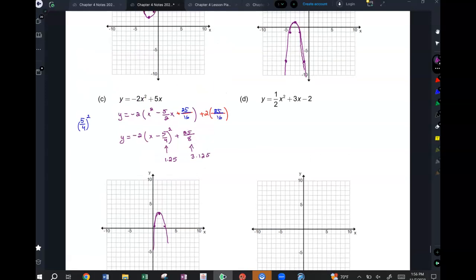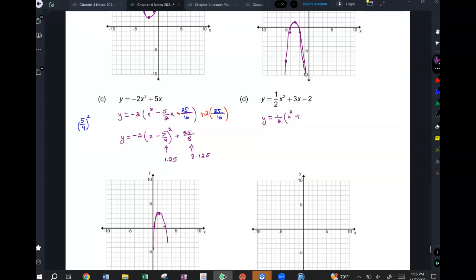Okay. Oh, this next one is a good one. Okay. So, y equals, take out the 1/2, x squared plus, now, before you yell out the answer, when you factor out a number, you're dividing everything by that number, right?